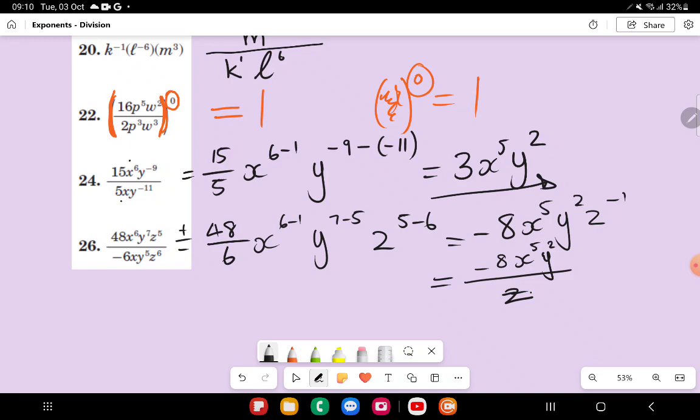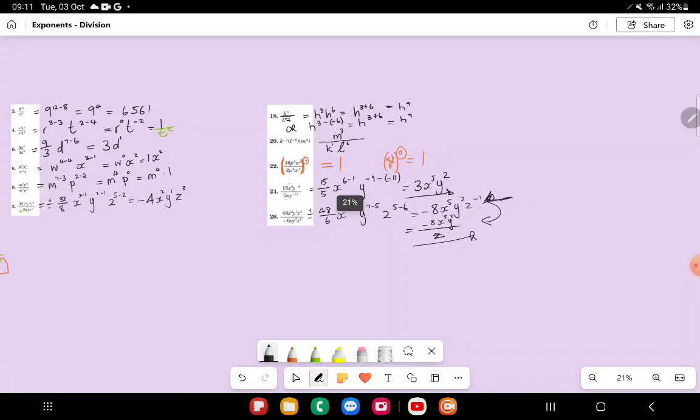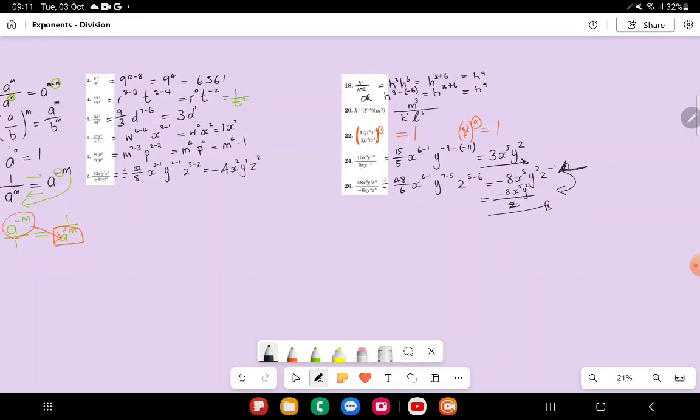So moving it to the denominator is always important when it comes to simplifying. You cannot leave it like this. You will not get full marks. You have to make this step to make that z a denominator in order to show me that you know it's supposed to be a denominator.